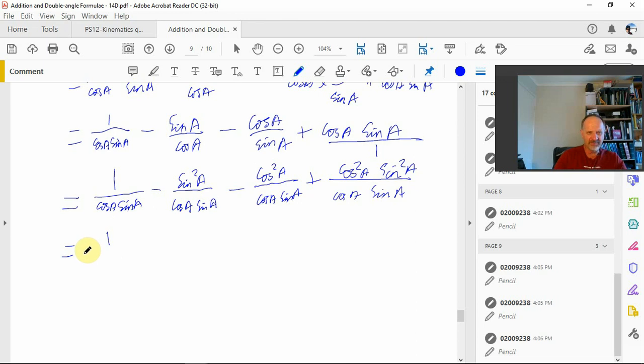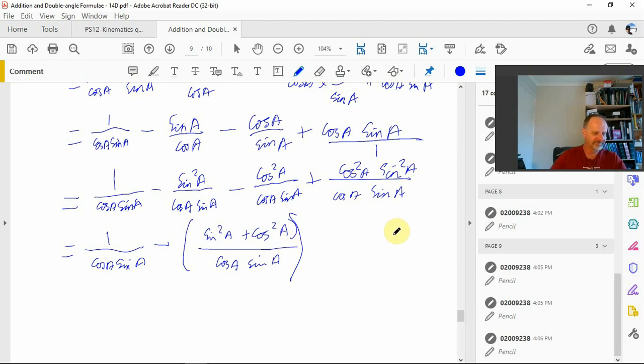We can say, all right, 1 over cos A sine A. Take the negative out and put these two together, and we've got sine squared plus cos squared over cos A sine A. Now, sine squared plus cos squared is equal to 1.